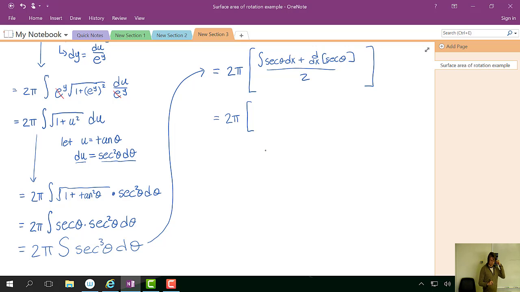Cool. So if we plug in, what's the integral of secant? Natural log secant plus tangent. Right. That plus derivative of secant, which is secant tangent.